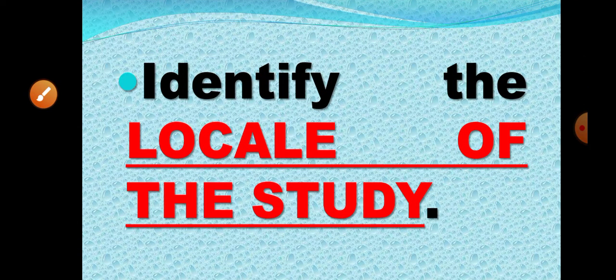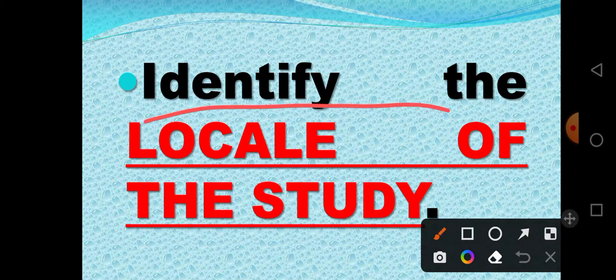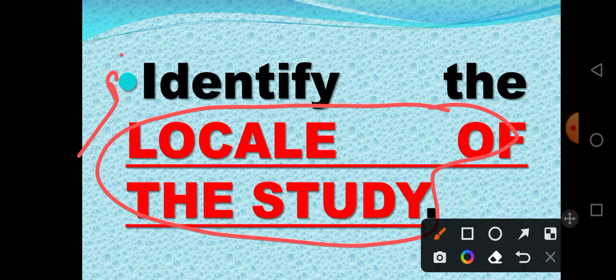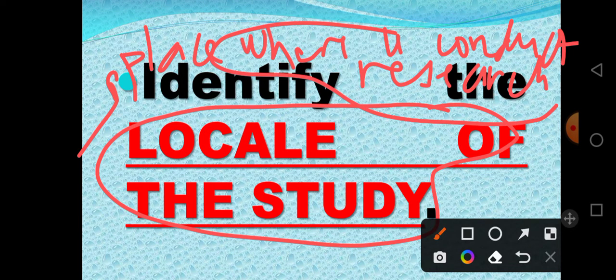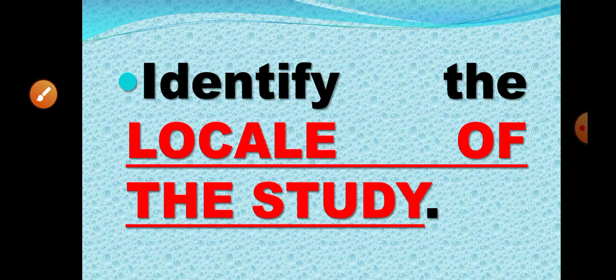The locale of the study is the place where you conduct your experimentation, the place where you conduct your research. In writing the scope, you must state where you conducted your research. That will be our fifth information.